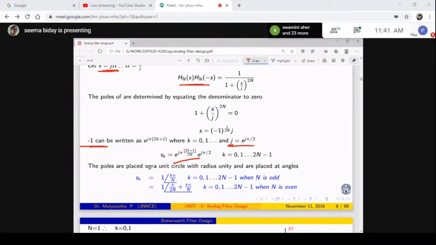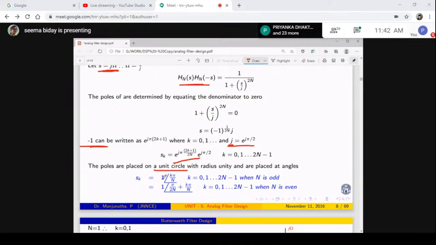Tell me why it is on the unit circle? Yes, because magnitude is 1. How to determine magnitude? You are converting in cos theta j sin theta. Yes, and magnitude will be square root of a square plus b square, or cos square theta plus sin square theta, like that.